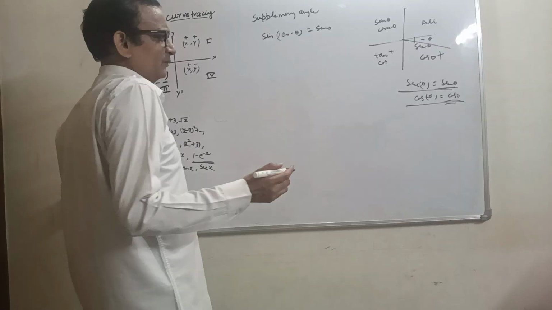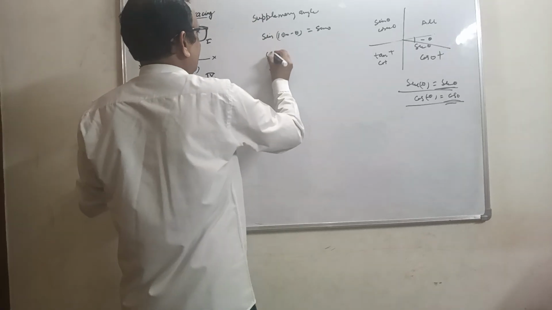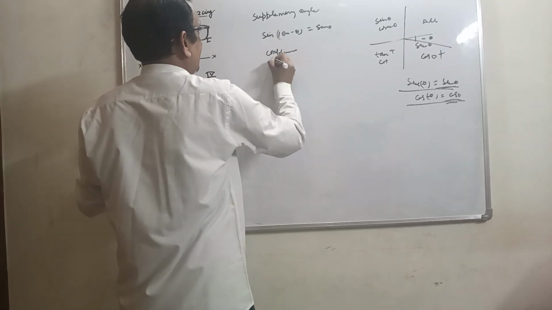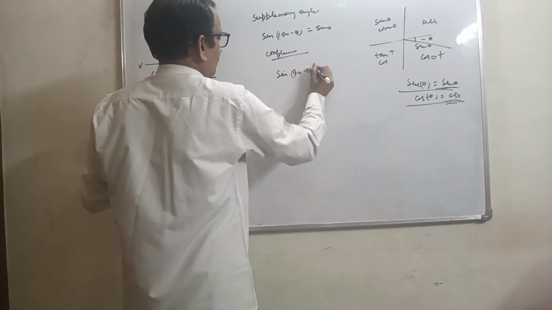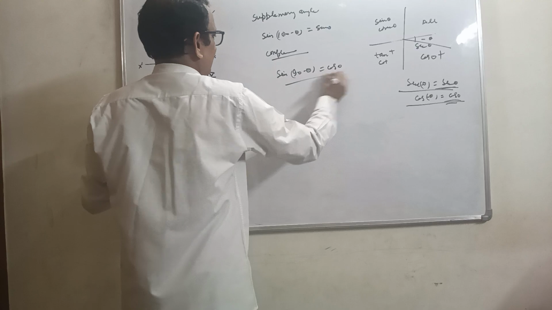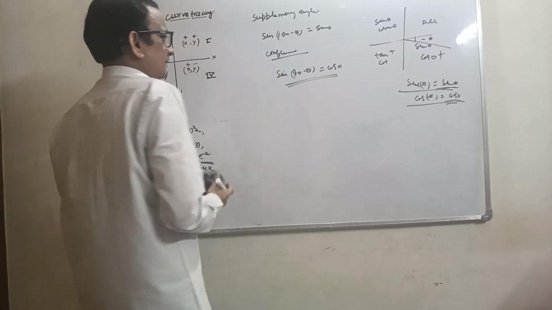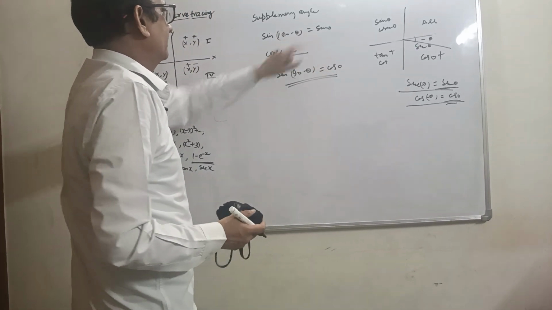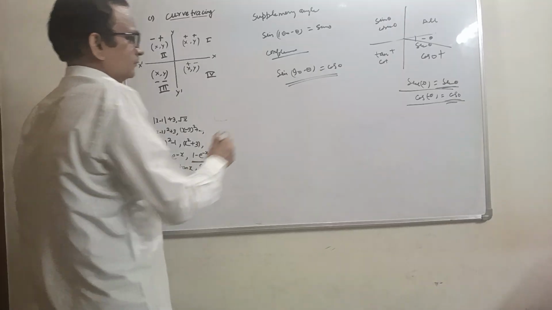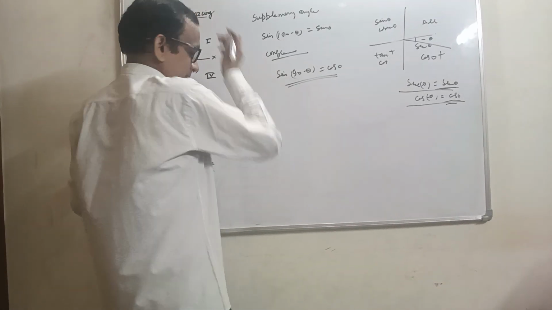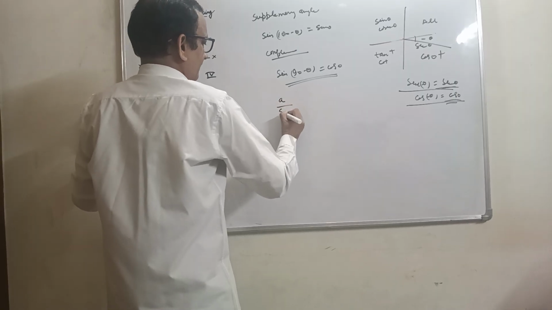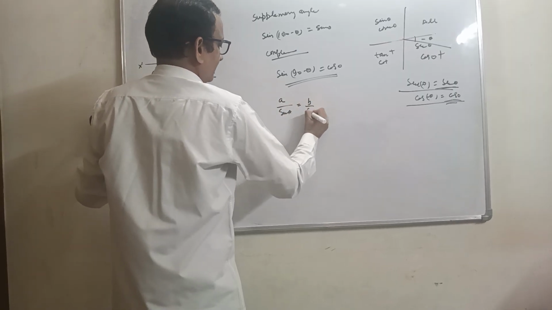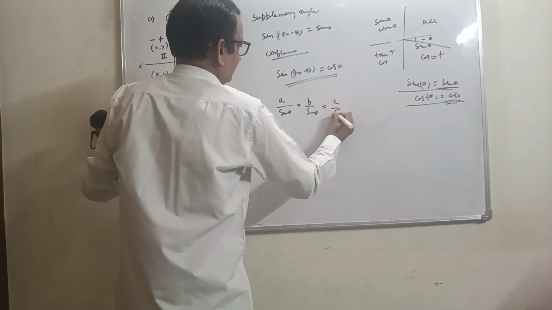And trigonometric ratios for supplementary and complementary angles: sin of 90 minus theta is equal to cos theta, and here the trigonometric ratio changes, there it does not change.